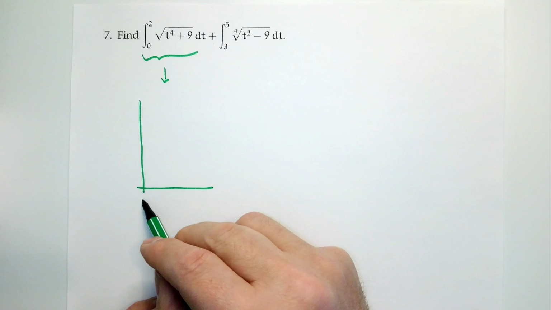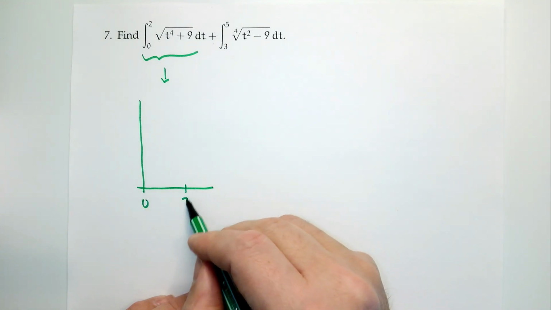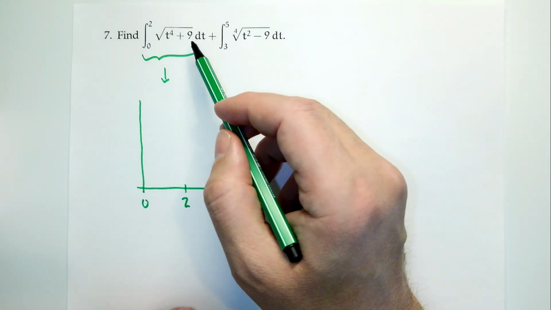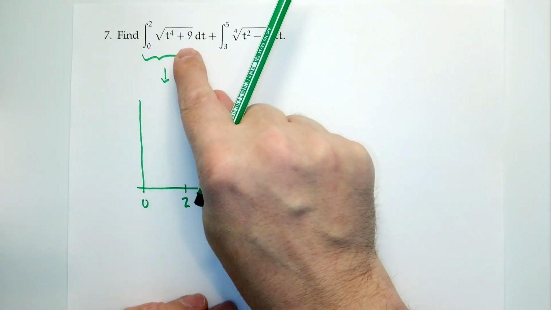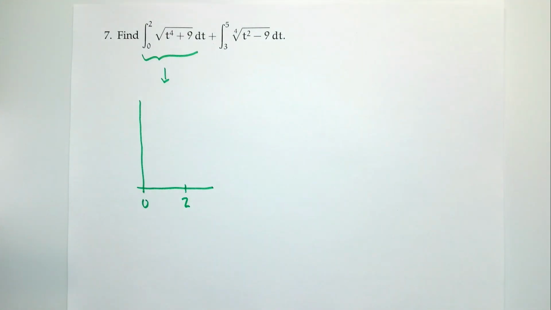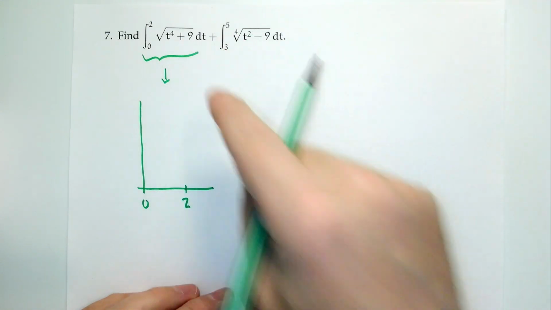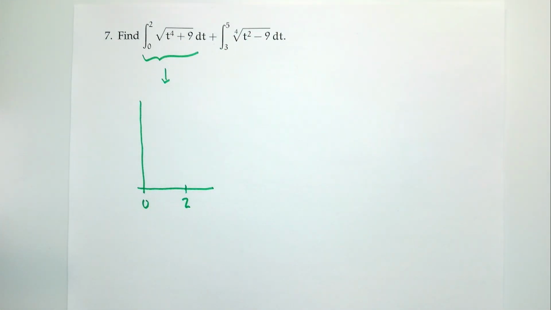So let's say here's 0, and here's 2. And we're going to take the square root of t to the 4th plus 9. Now, this is not a circle, by the way. Let's be careful here, because you might say, aha, it's another circle problem. No. No circles are going to be harmed in the solving of this problem. The reason it's not a circle is it would have to be the square root of 9 minus something squared. Well, that's not what we have.